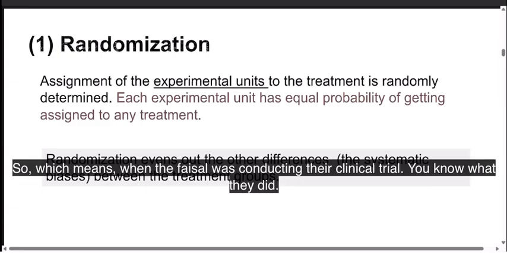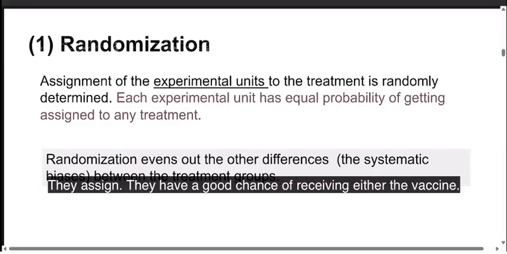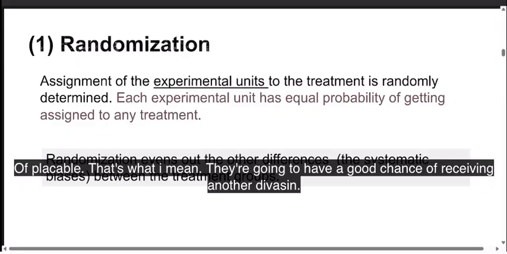So when Pfizer was conducting their clinical trial, they wanted to ensure that every volunteer in the study had an equal chance of receiving either the vaccine or the placebo. That's what I mean: they have equal chance of receiving either the vaccine or the placebo.